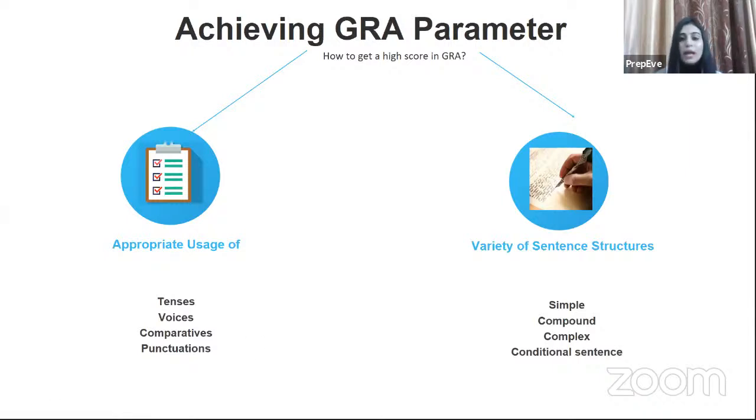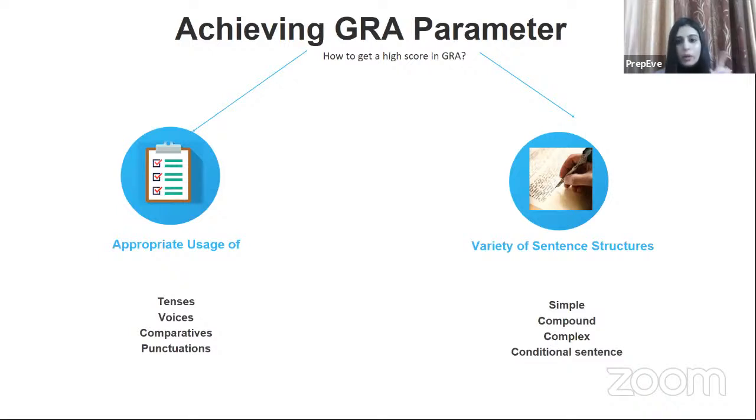Punctuations, again, you don't have to think a lot about punctuations. You don't have to stress a lot about punctuations. Grammar carries 25% weightage, and punctuation is one tiny part of the grammatical range and accuracy parameter. So it's not going to carry a lot of weightage. Just be mindful of your full stops. At least use your full stops correctly always.